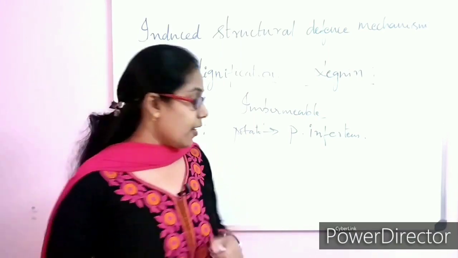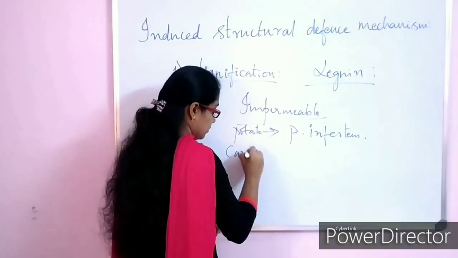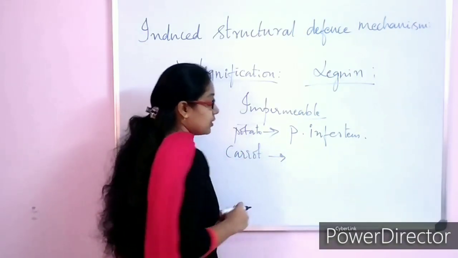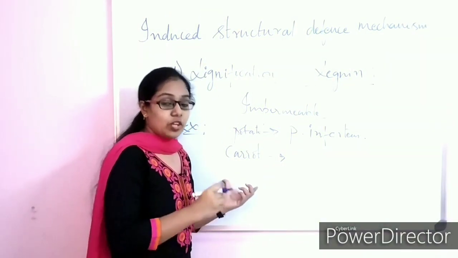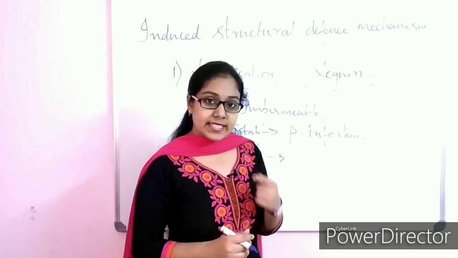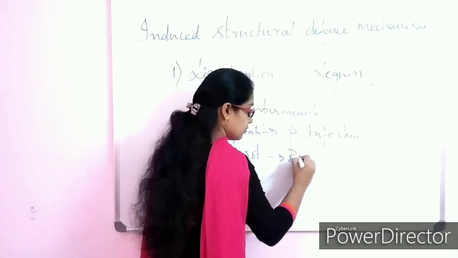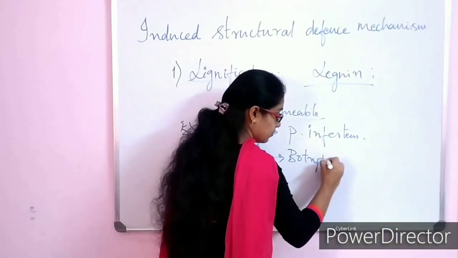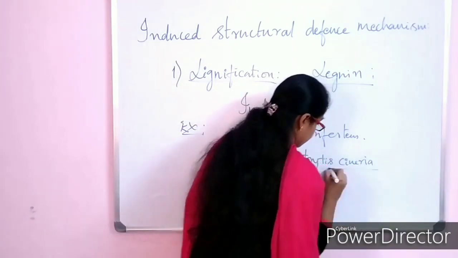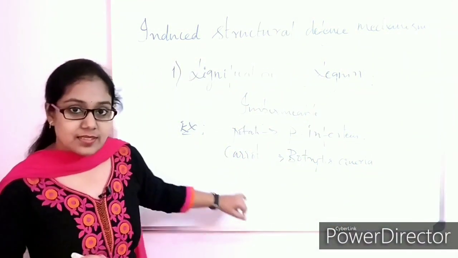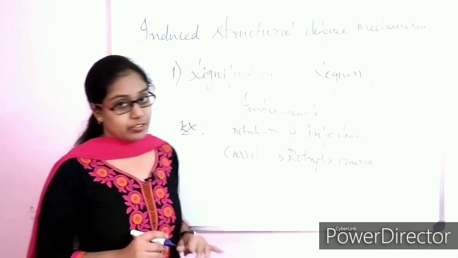And even in the carrot, the lignified cells in the carrot host plants provide protection from Botrytis cinerea. So okay, this is a good example I can give for lignification.